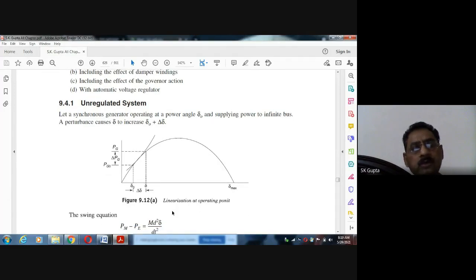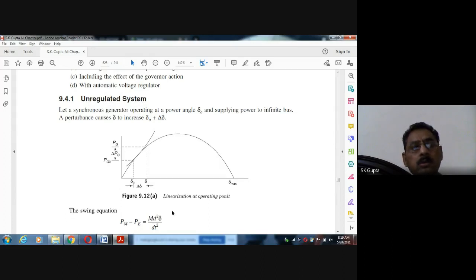But in fact, the rotor has a damping winding also. Besides the field winding in the rotor, there is a damping winding. The role of the damping winding is to damp the system.